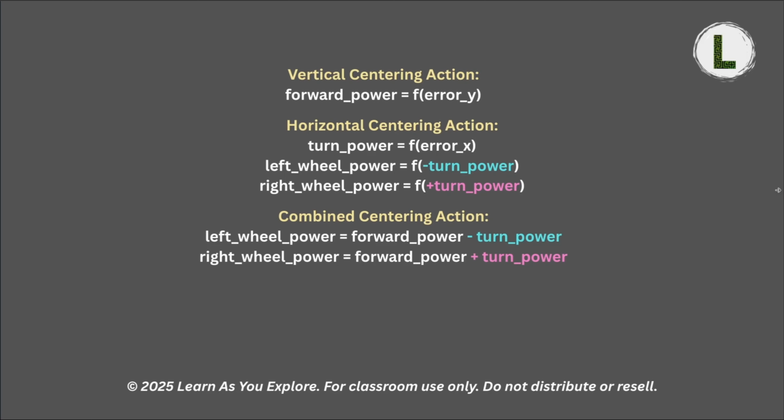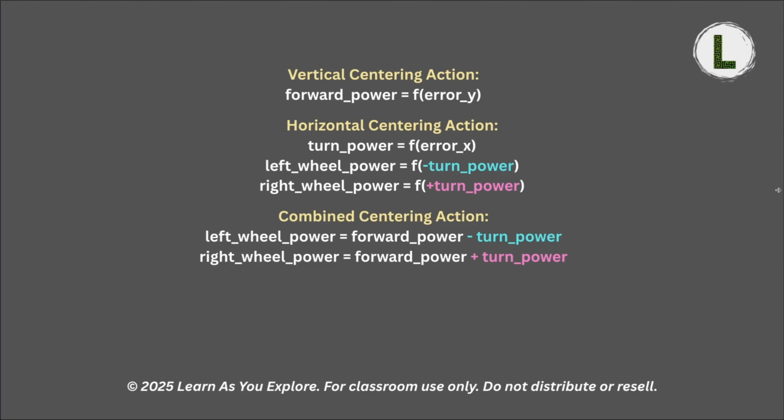For the left wheel power, since it is a function of negative turn power, we will subtract turn power from forward power. And for right wheel power, since it's a function of positive turn power, we will add turn power to forward power. And this is the core logic in the algorithm that we will use to perform all direction tracking of the ball.